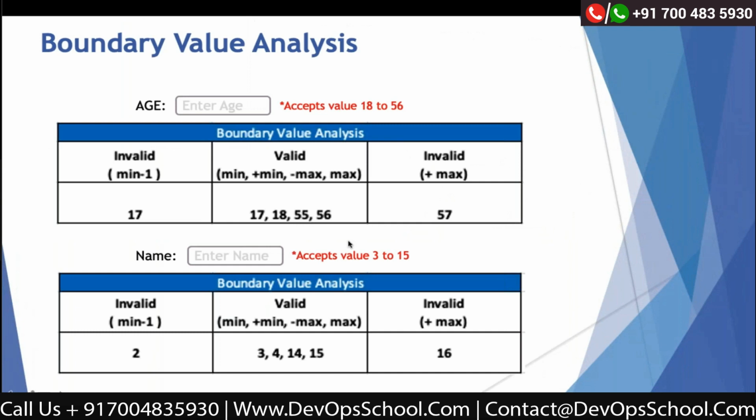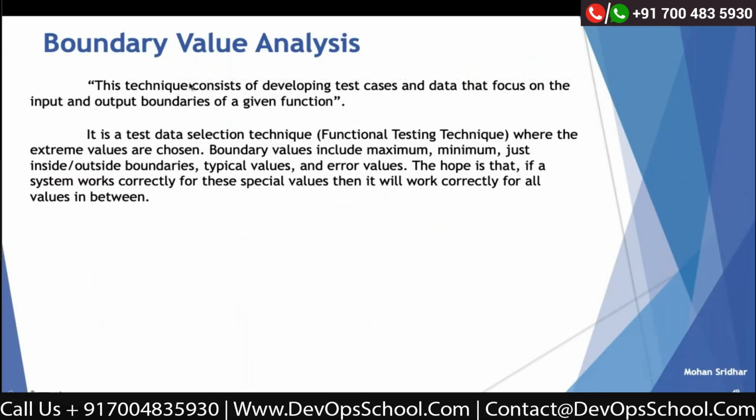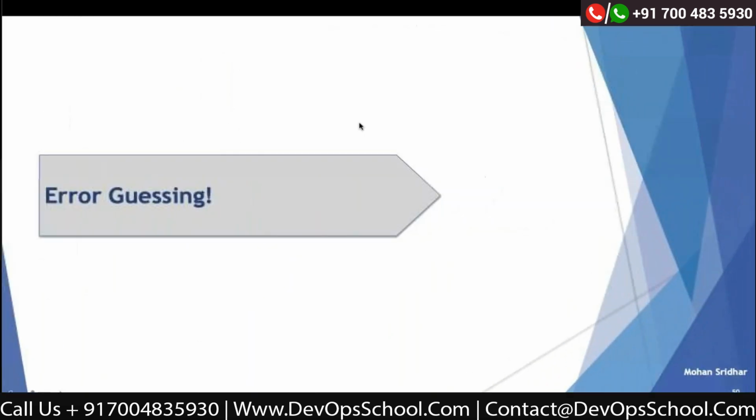Boundary value analysis is also a black box testing technique where we identify the valid and invalid boundaries, the maximum value and the minimum value. So if you identify these boundaries and the equivalence class partitions, you do not need to check all the values in between.